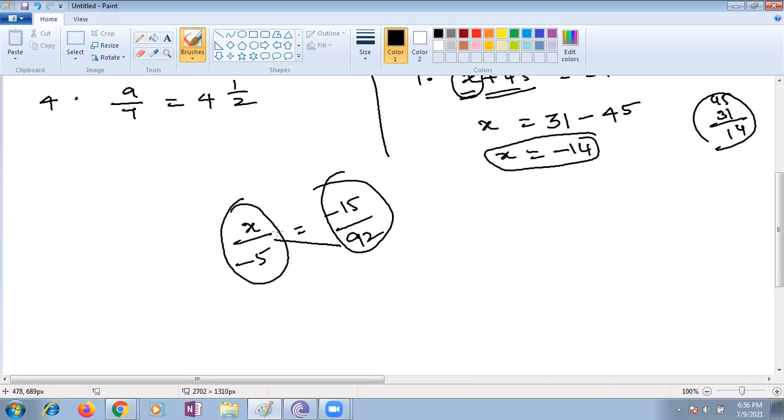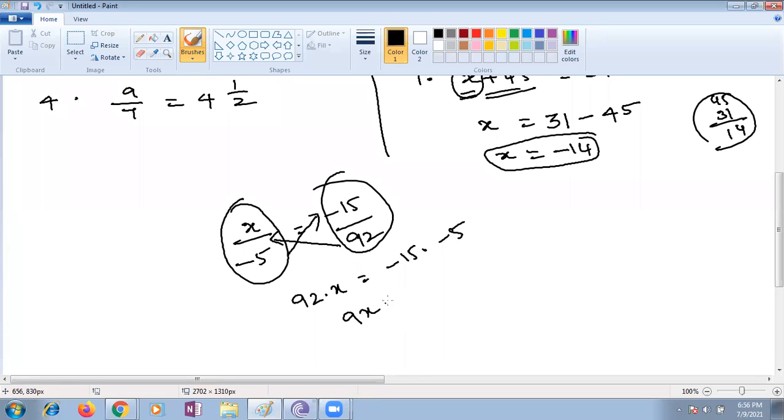Fraction form. First step is you can do cross multiplication, children, so that my children never make mistakes. If you have such bits, you can go with cross multiplication. Here, 92 multiplied with x, then minus 15 multiplied with minus 5.